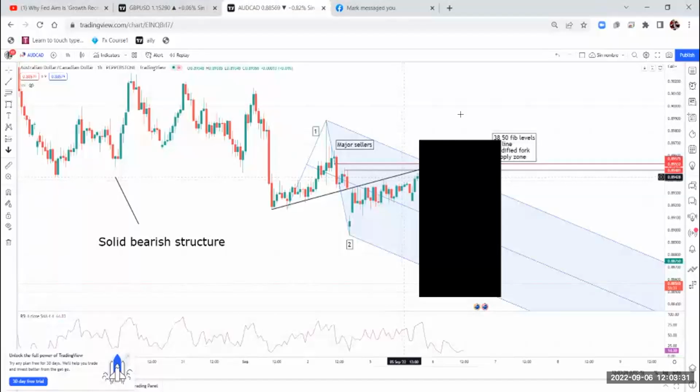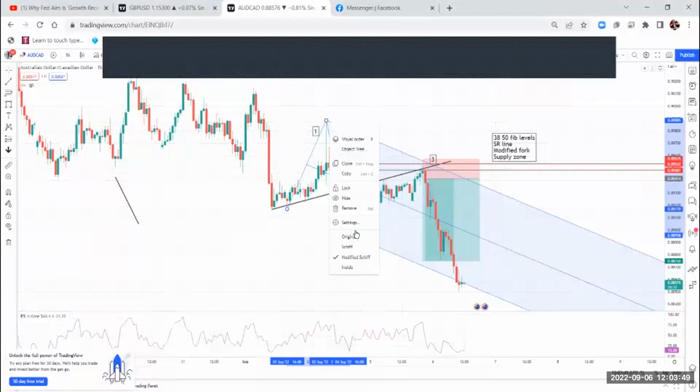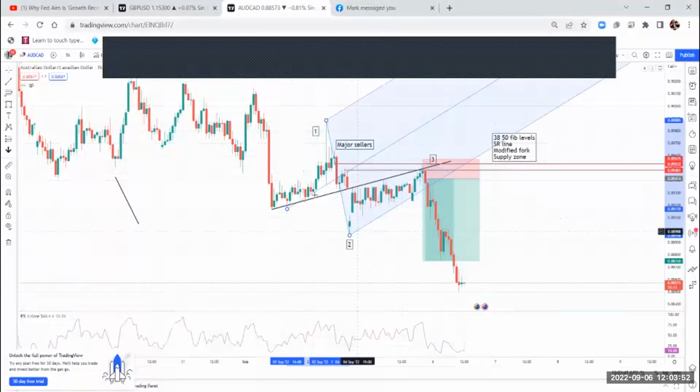So what I proceeded to do is plot an Andrews pitchfork, standard Andrews pitchfork here, and I saw how price had a validation, right?